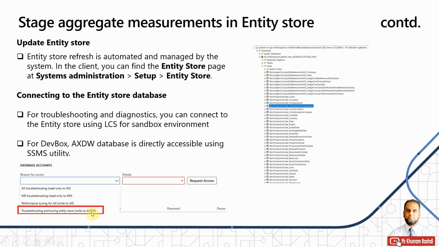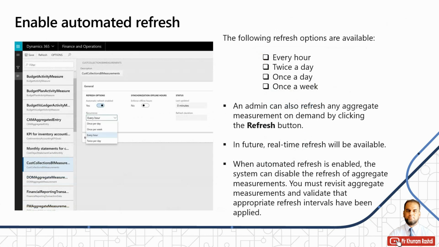This allows you to write to the XDW database, and then you can provide a reason in detail and request access, and through this you can have access to the Sandbox XDW or entity store database. For DevBox, the XDW database is directly accessible using the SQL Server Management Studio utility. We will see that in the demonstration.